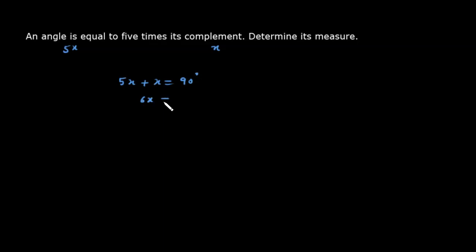That means 6x equals 90 degrees, or dividing both the sides by 6, x is 15 degrees. That means the complement angle is 15 degrees and the angle is 5 times 15 degrees equals 75 degrees. So the answer is 75 degrees.